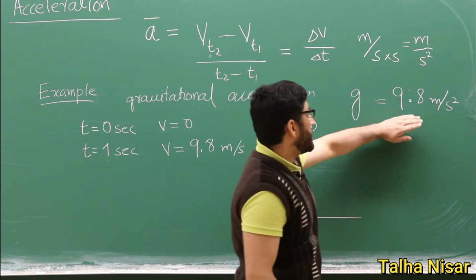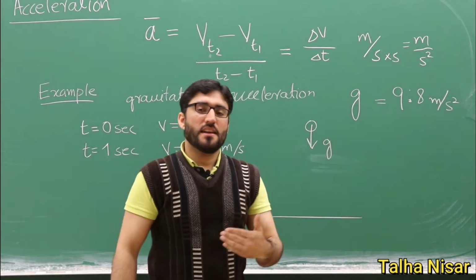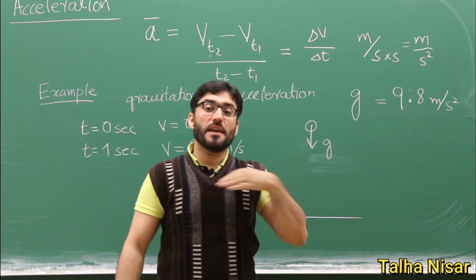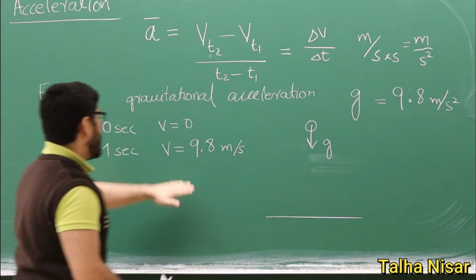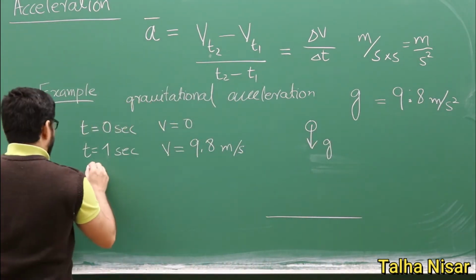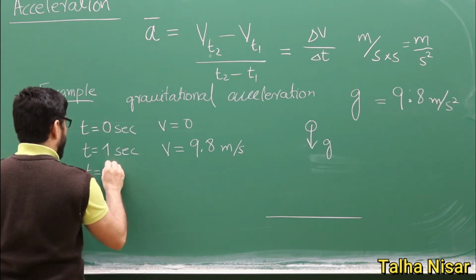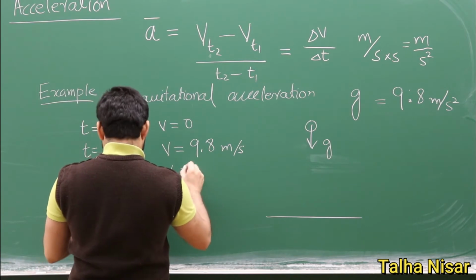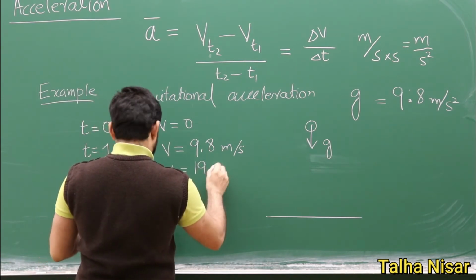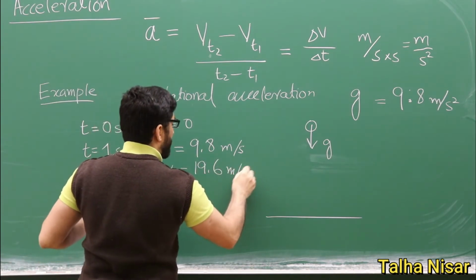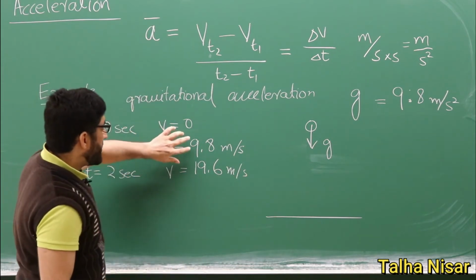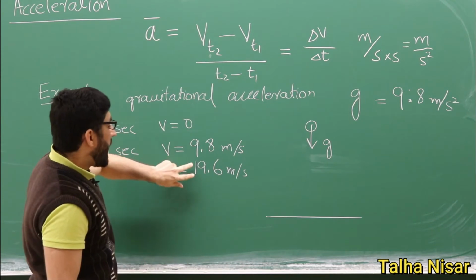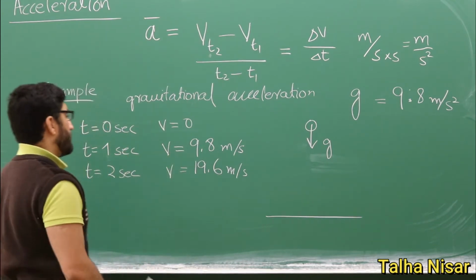This is what it means: after 1 second, 9.8 meters per second will be added to the velocity of this object. And after 2 seconds, the velocity will be 19.6 meters per second. So 9.8 is added to the 9.8, and we have 19.6 meters per second.